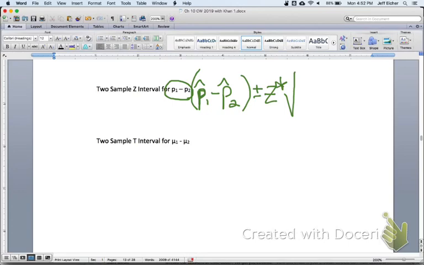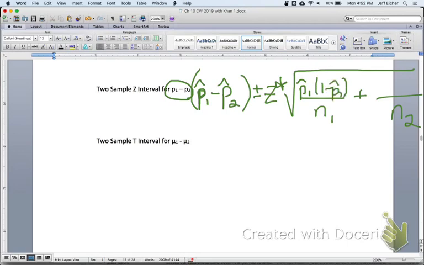And then our standard deviation of the statistic would be a similar looking formula to the one above: P hat 1 times 1 minus P hat 1, and P hat 2, the second proportion, times 1 minus P hat 2. So that's the interval that we use to estimate a difference in population proportions.